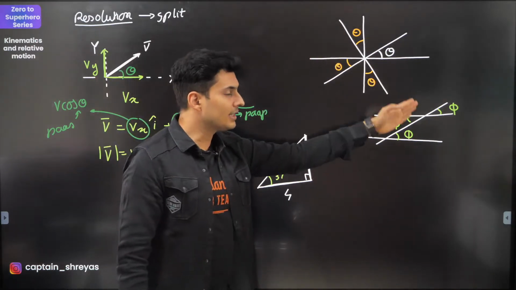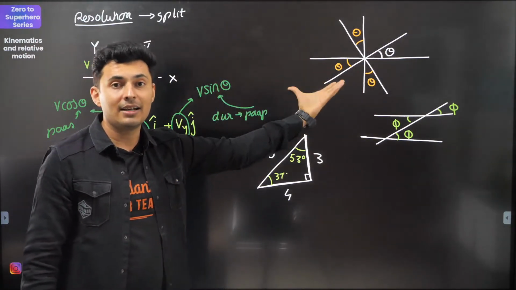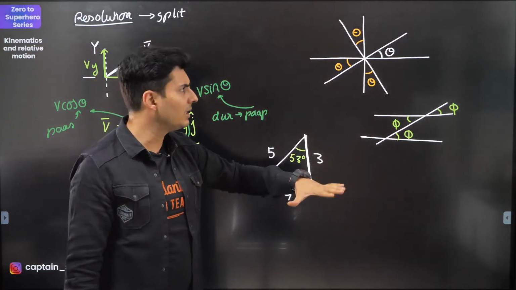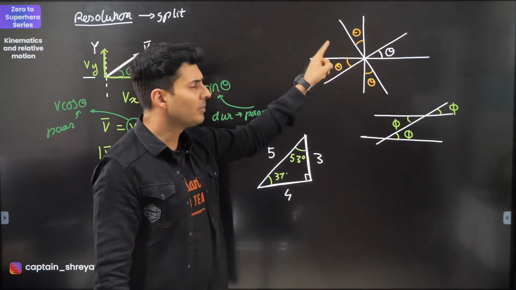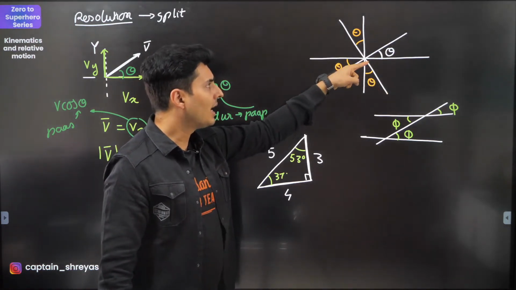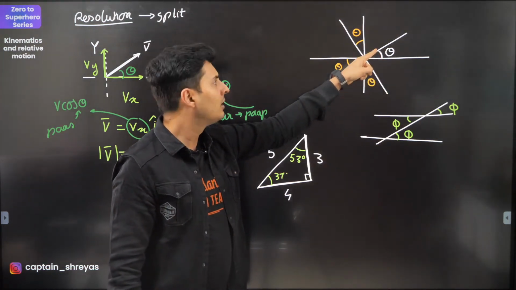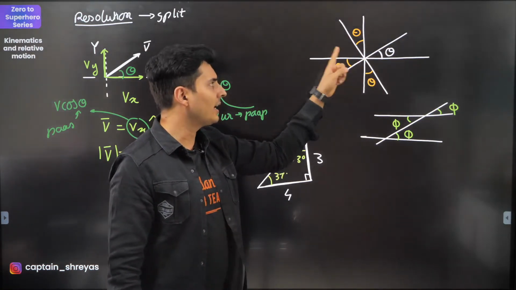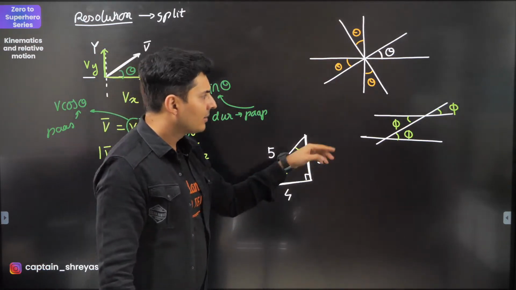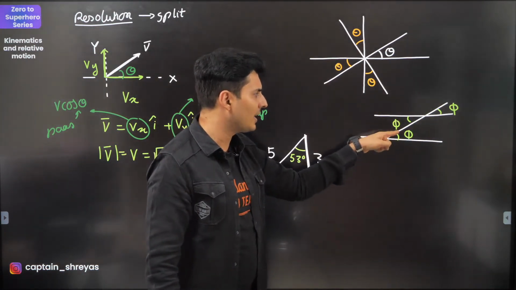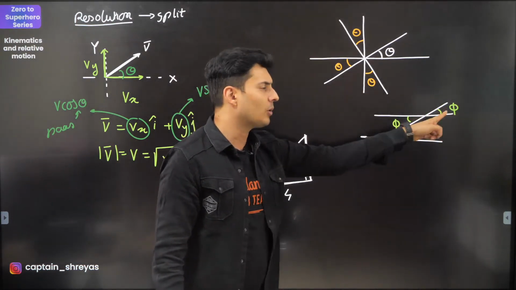Next thing is a trick which is used for finding the angles in many situations. Many times you get confused which is theta, which is not theta. So usually I tell people to divide it into 8 parts, and mark any angle as theta. Every alternate angle becomes theta. And we also know that when you have two parallel lines, these two are the same angles, and this angle is also equal.